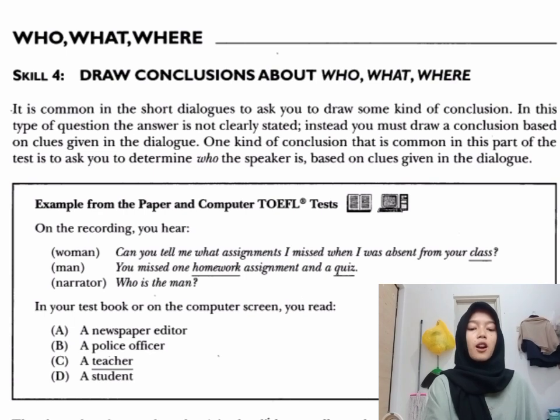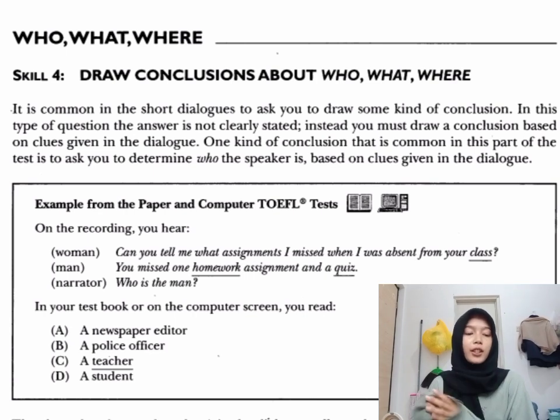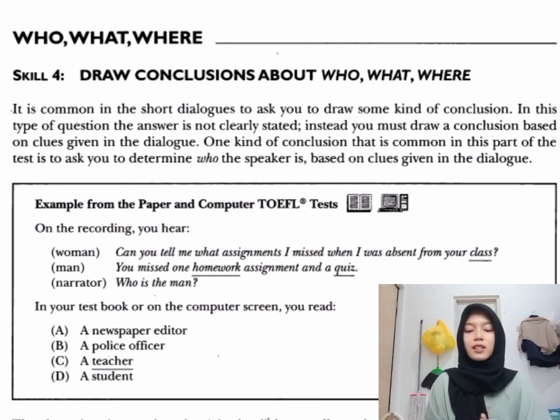And then B, a police officer. A police officer is also wrong, guys, because they stay in the police office, not in the class. And then C, a teacher. A teacher is good, guys, because it's in the class, and then homework and quiz.